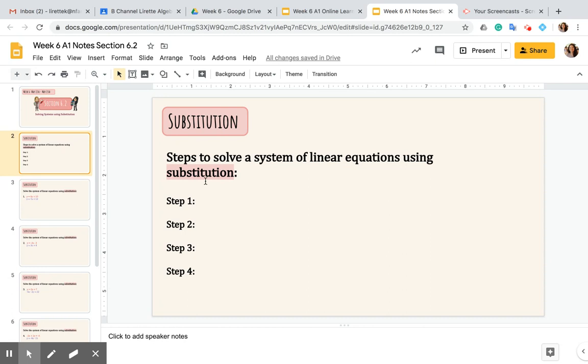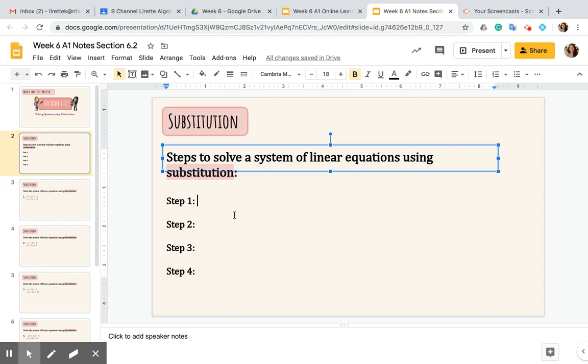So I try to break things down into repeatable steps for you when possible. To solve a system of linear equations using substitution, step one, which you may or may not always need to do, is to isolate a variable in one of your equations.